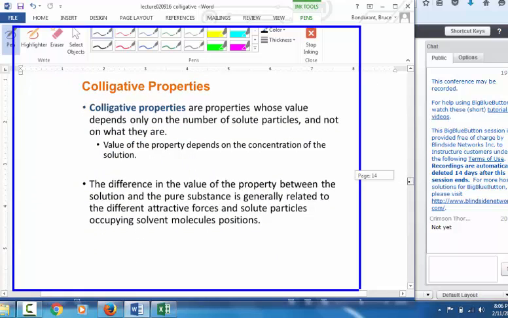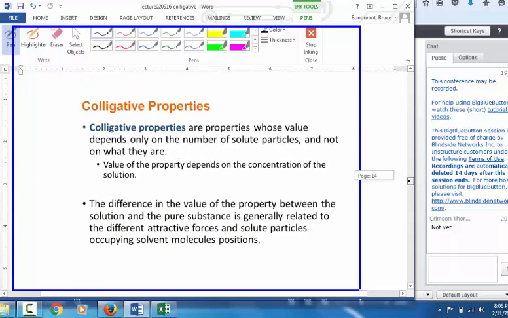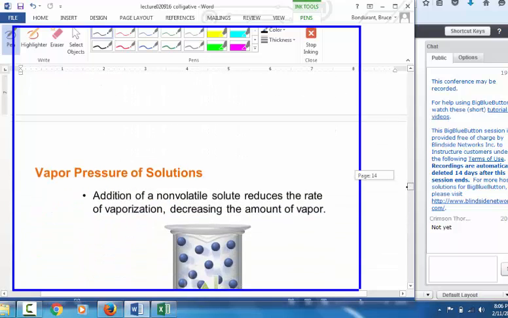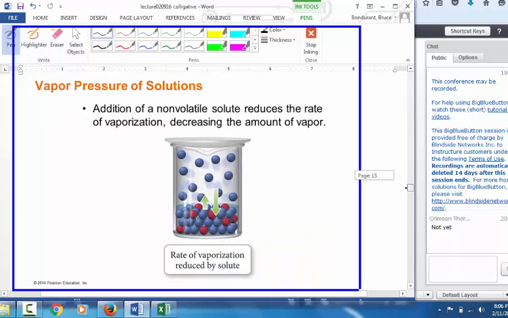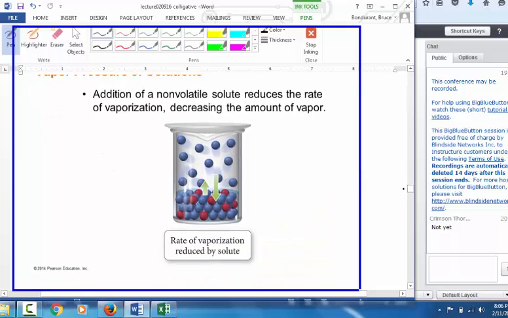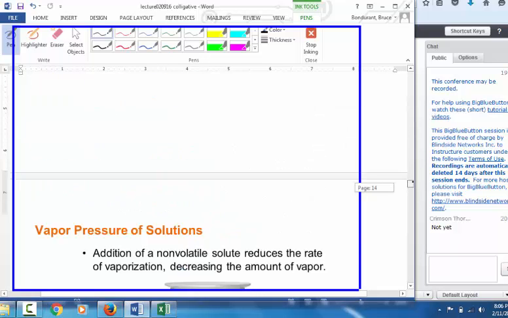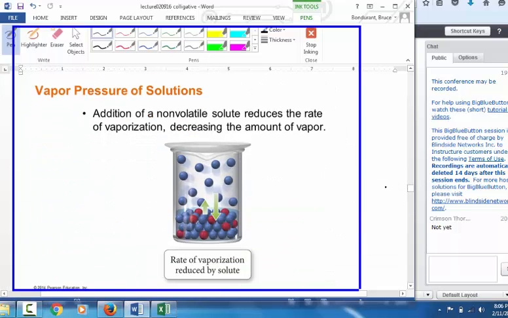So colligative properties, we looked a little bit at boiling point and melting point in class, and this is sort of what I was showing. If you have a pure substance, these arrows would be going equally toward vapor and toward condensation into the liquid phase.